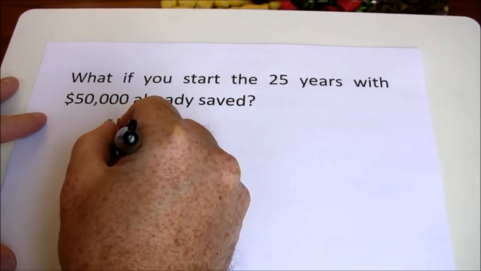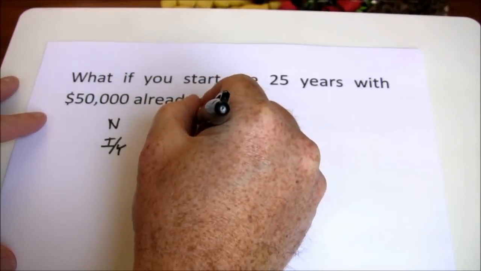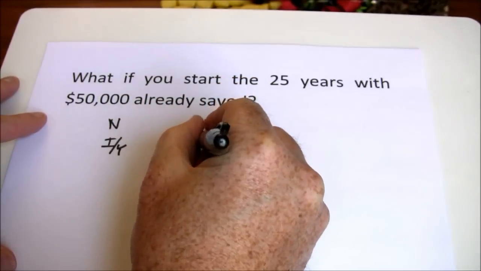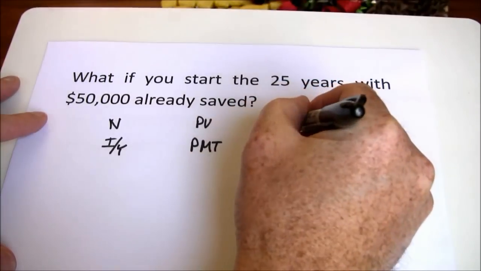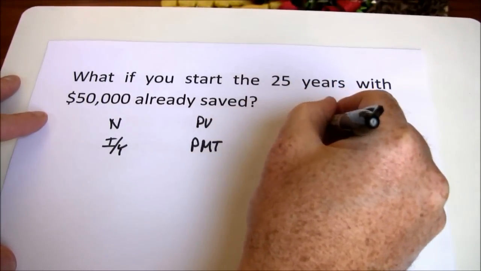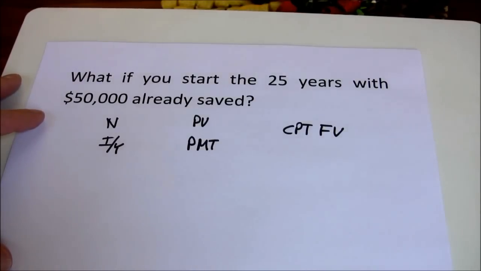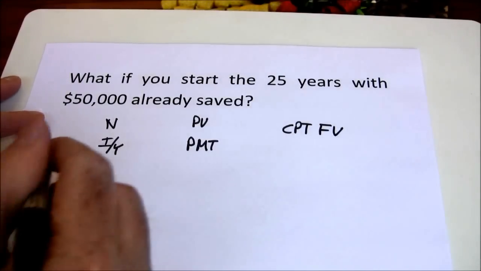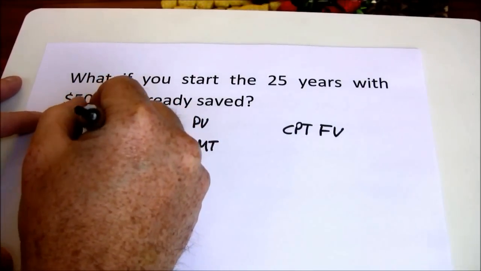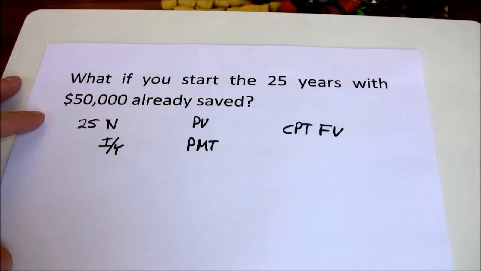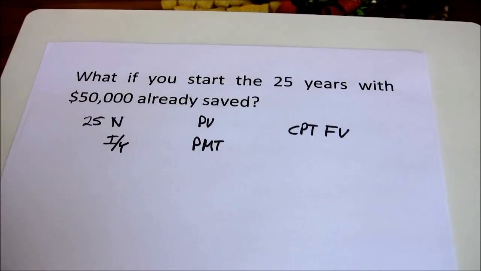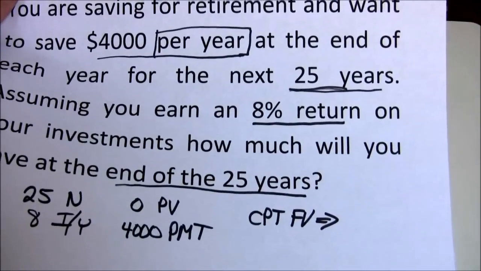again, let's go ahead and look at our 5 keys. Again, we're going to be solving for future value. We have 25 years, so that's going to be our N. Our interest rate is still the 8% from last time.